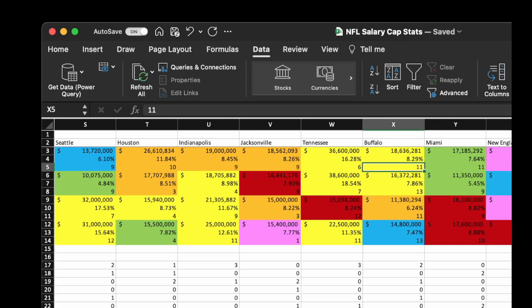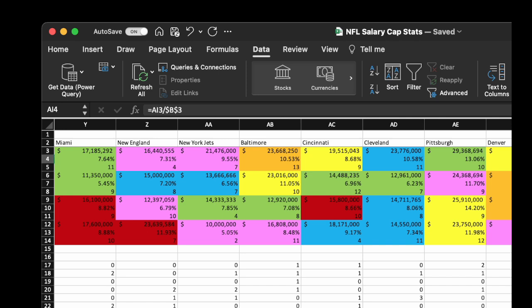So Buffalo, 8.29 was the percentage. They had 11 wins, sorry. And Baltimore was 10.53%, and they had 13 wins.